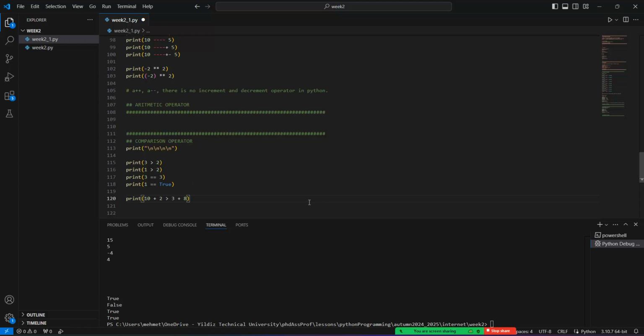Yes, but we have the 3 operators in here, plus, greater, plus, right? And so this plus has the greater priority than the comparison operator. Okay, the arithmetic operators have a higher priority level than the comparison one.